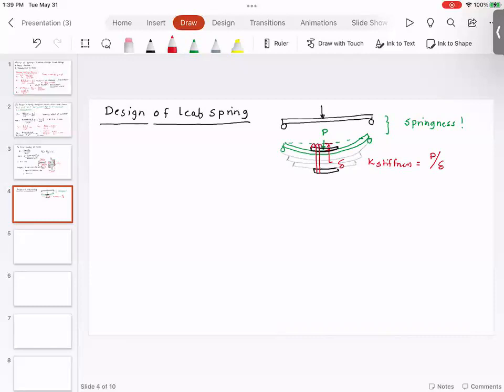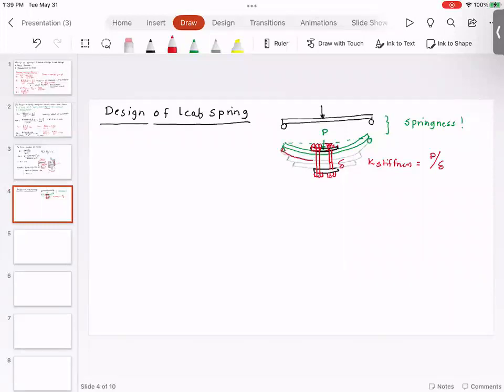So there will be one bolt here, and one bolt here. There will be one more bolt over here, and one more bolt over here. And that is how a leaf spring would look like.